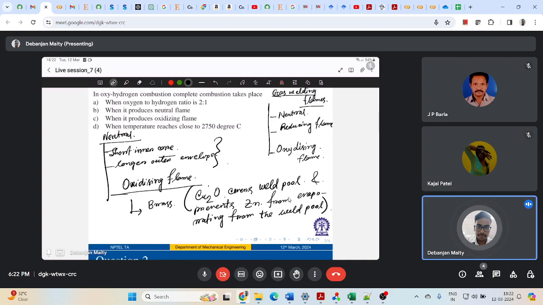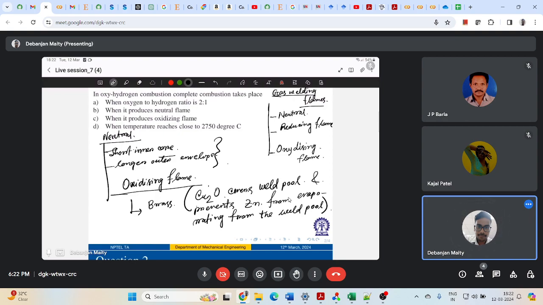We also talked about this explosiveness of acetylene, right? So acetylene becomes violently explosive even in the absence of oxygen, right? So that is why acetylene is dissolved in acetone. That's how it is kept in the cylinder.